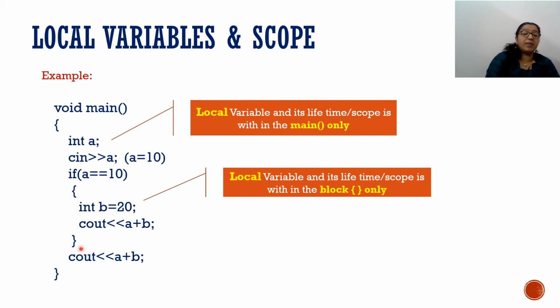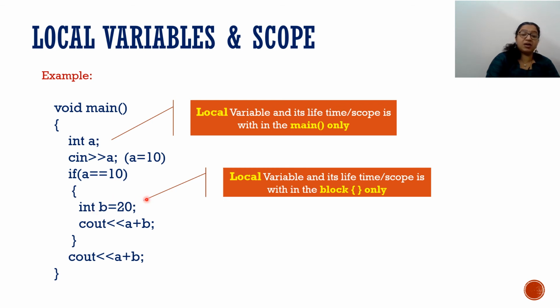Okay, but A can be accessed in this block. Why? The contents of outer blocks up to this point, because we started a new block here. So the variables declared just above that block can be accessed by this block. So A is declared on top, so we can access it from the inner block.